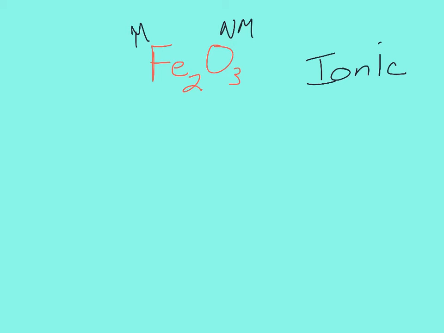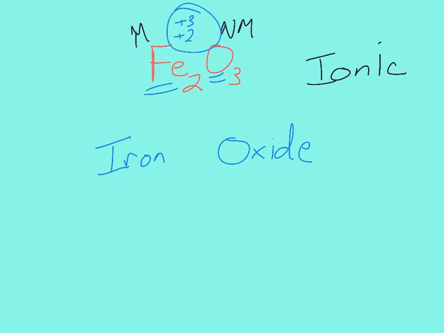So I name the metal first, iron. Now when I notice iron, I actually see +2 and +3 here. So I'm going to leave a little gap, then I'm going to name my oxygen is oxide. It's ionic, no prefixes here, just name them each, but we do need Roman numerals.